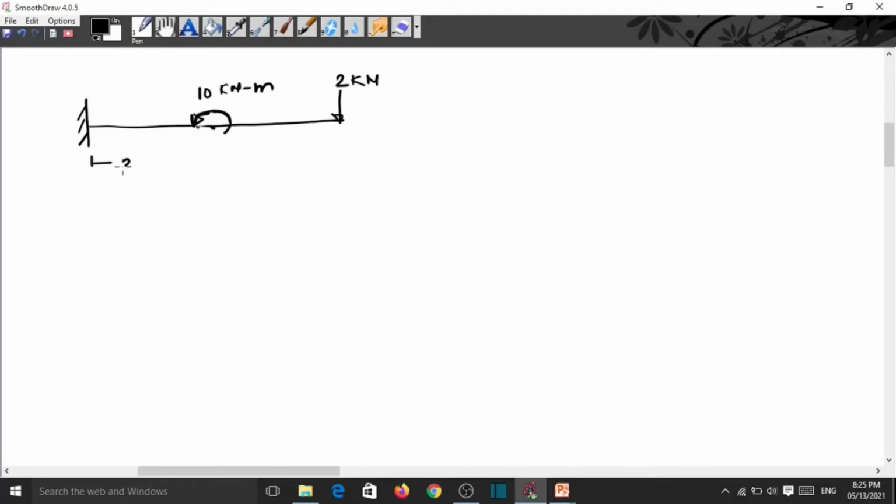This span is 2 meters, and this also spans 2 meters, having constant EI. This end is A, and this end is B.